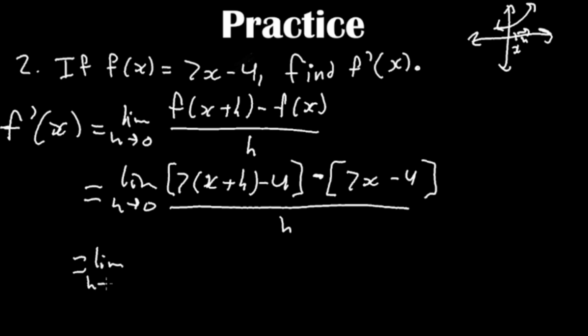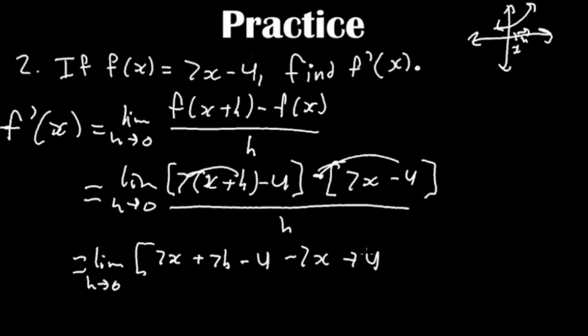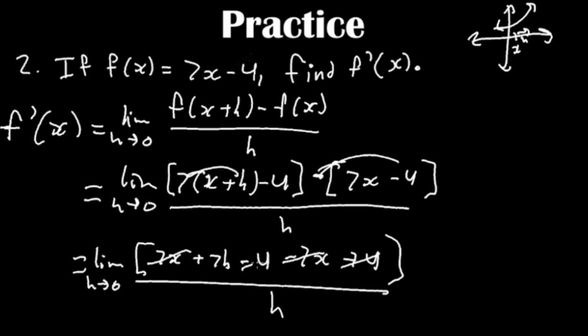All right, so this is the limit as h goes to 0 of, so if we distribute that, that's 7x plus 7h minus 4. And then this will distribute to both of those, minus 7x plus 4. So notice we have some really nice cancellations. Remember this, all over h. So these 7x's will cancel, and these 4's, plus 4 and minus 4 will cancel. So we're left with the limit as h goes to 0 of 7h over h.